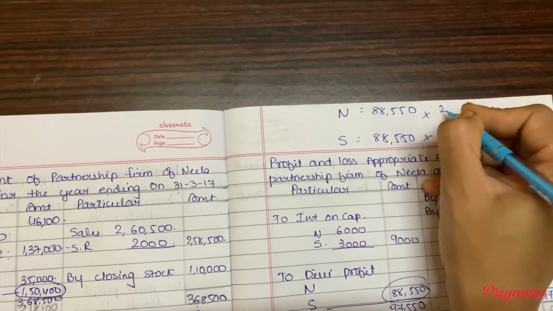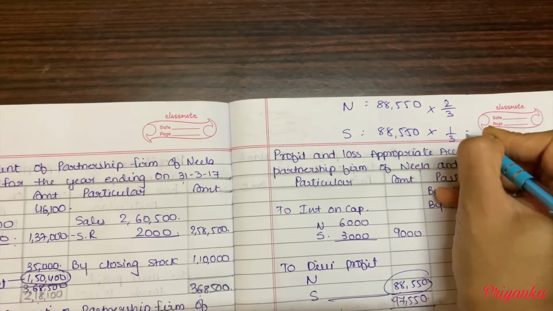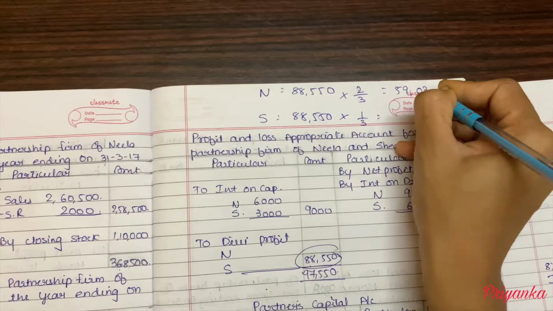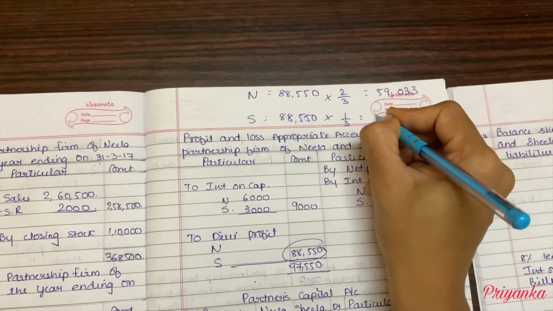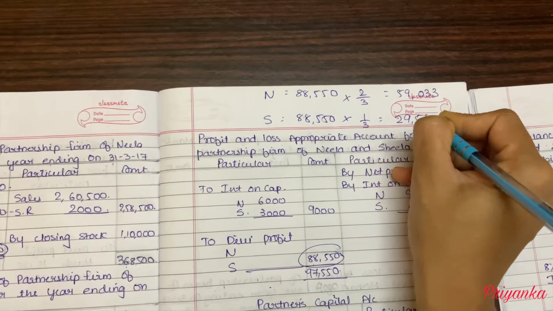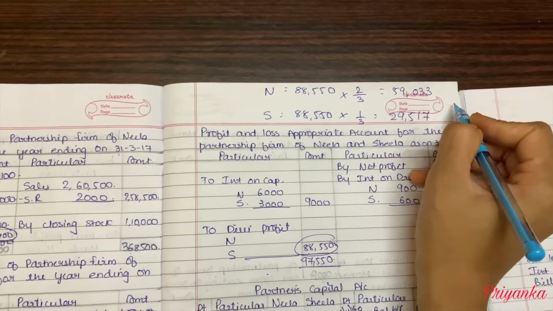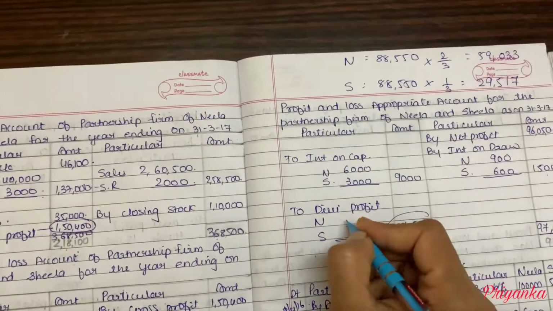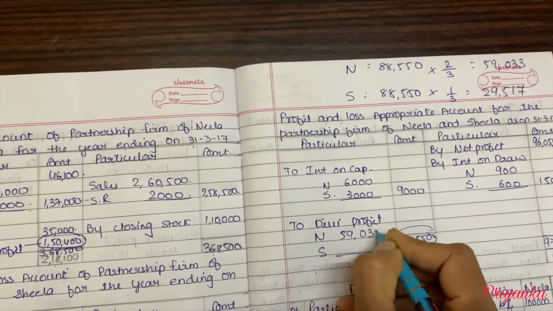The ratio is 2/3 and 1/3. You will get the answer 59,033. Then 29,517. Somewhere it's coming in decimal points, but this is the answer. You will have to take it as final. 59,033, 29,517.